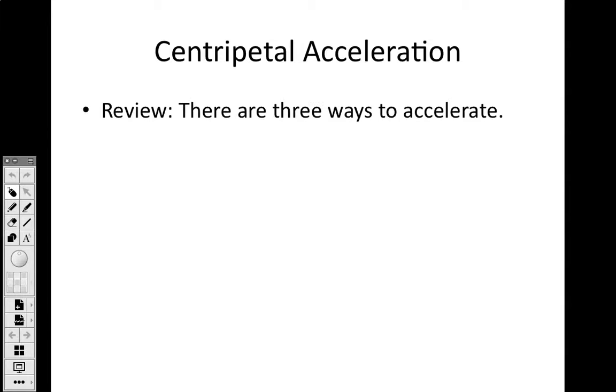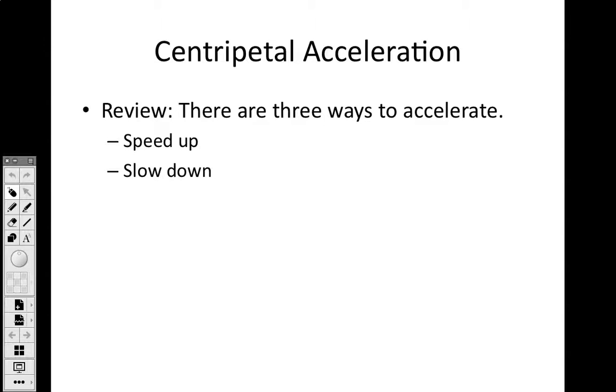Now, in terms of centripetal acceleration, quick review here. There are three ways to accelerate. We can either speed up or we can slow down, and these two fall under the category of a change in speed or a change in velocity, which is one of the ways that we define acceleration.